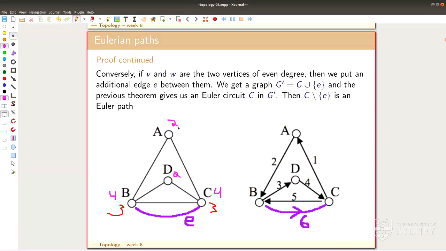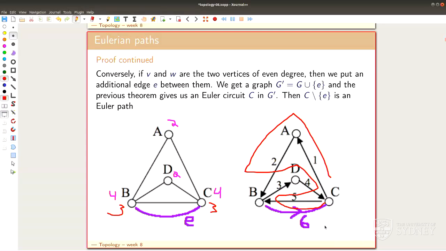So what you can do now is you can use the previous theorem, that's why I called it a corollary, to find a Eulerian path in this new graph with the additional edge. And then just get rid of the edge. It's the last one you take, step number 6. You get rid of it, and in this case, C is the start and B is the end. So let's see how that works. So it's 1, 2, 3, 4, 5, and my closed one would be 6.